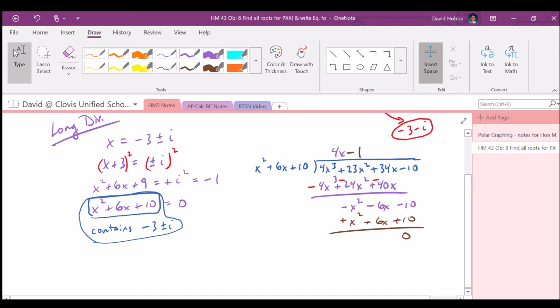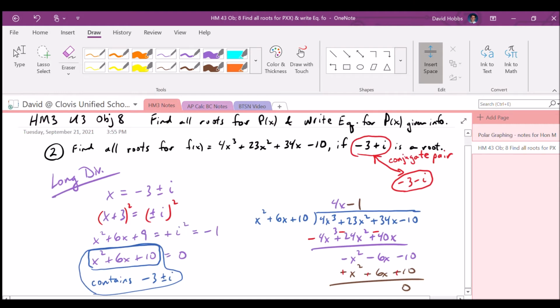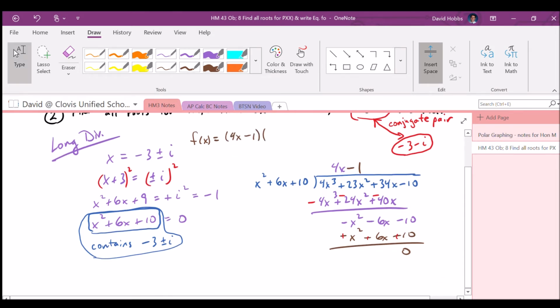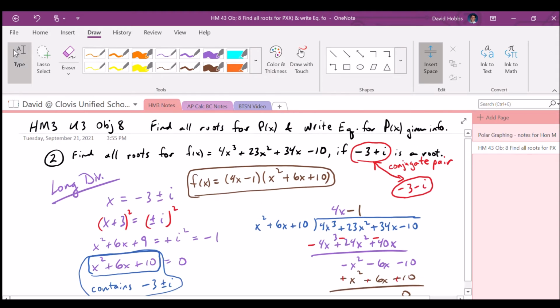And so now, what it was actually asking for was all the roots, but we could write it in factored form right now. And so the factored form for f of x is 4x minus 1 times this quadratic that we came up with, so x squared plus 6x plus 10. So this would be in the form completely factored over the integers.